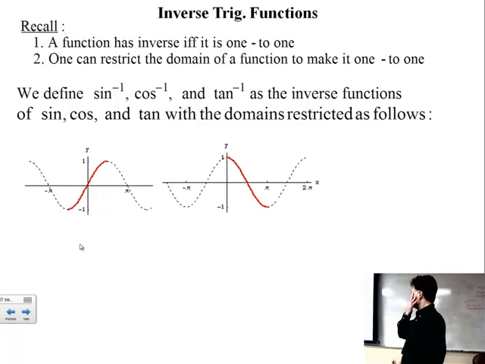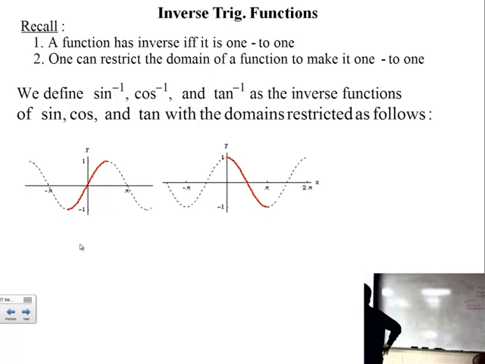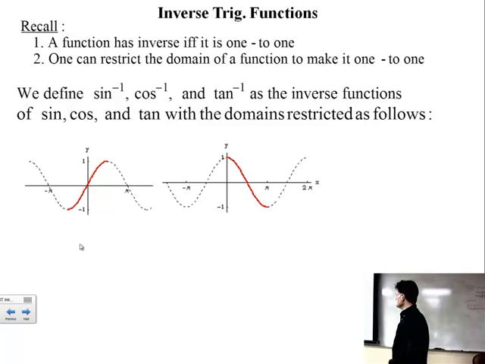Now for the cosine function, again we'll restrict the domain. So the cosine goes through its entire range from 1 to -1. Now we restrict it from 0 to pi. And we could have restricted from minus pi to 0 or a number of other restrictions, but this is more natural.